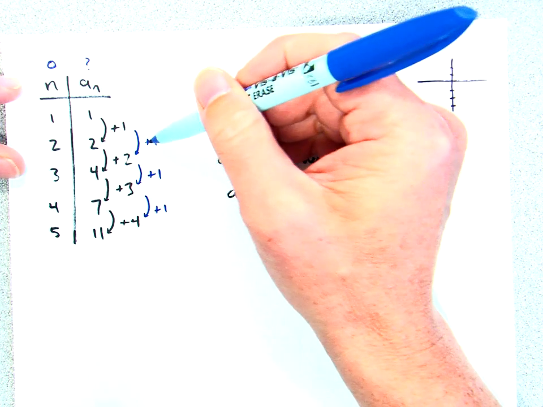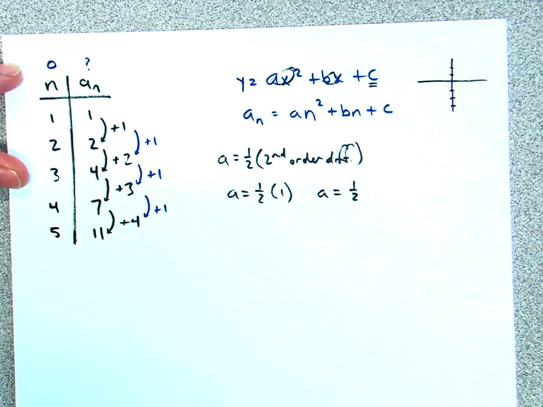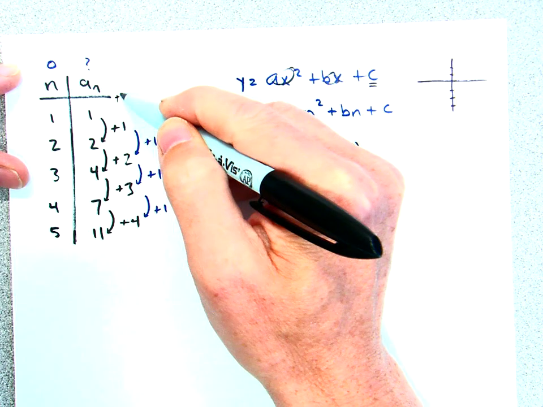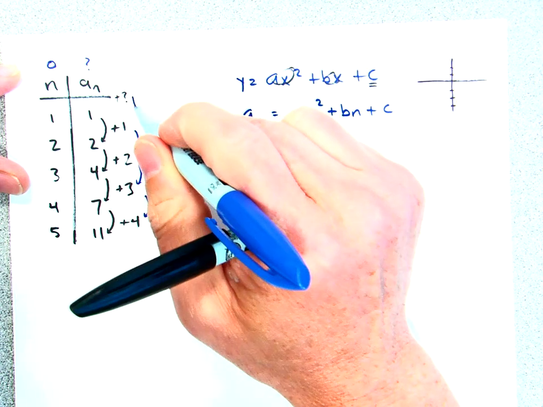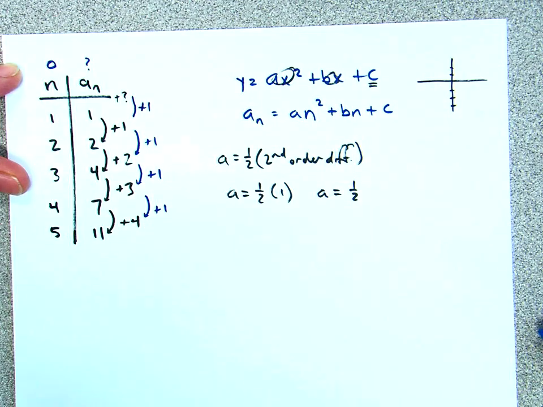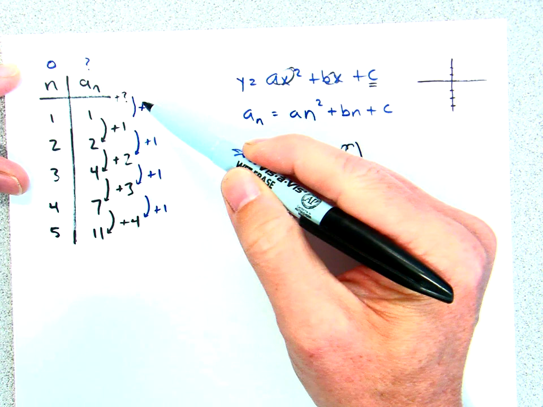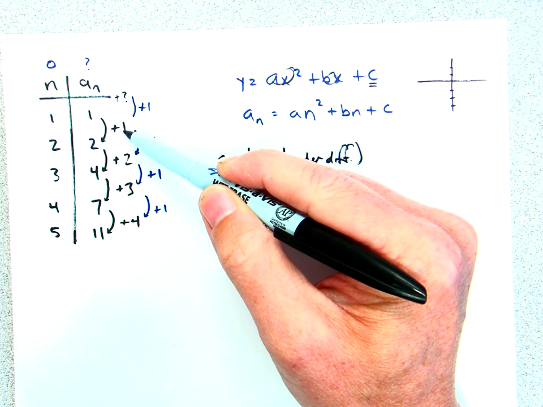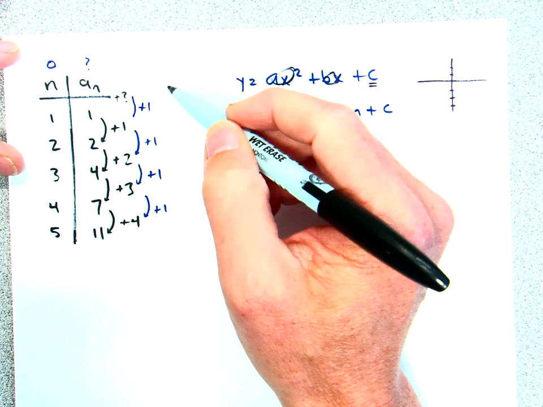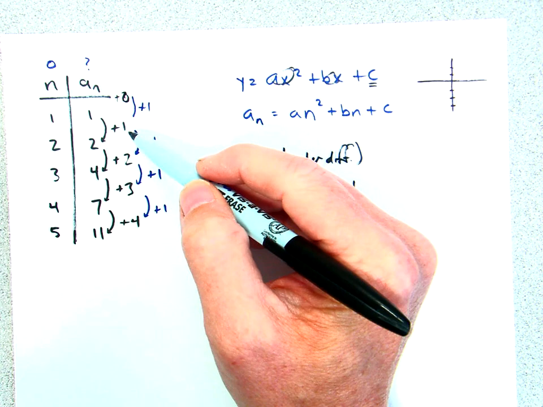Now, do keep in mind that this is a second order difference. So we would have to say that this first order difference value, whatever it may be, if we add a value to it, we know it has to be 1. So what would be this first order difference value such that if we add 1 to it, it would be 1? Well, that would be 0, because 0 plus 1 is 1.